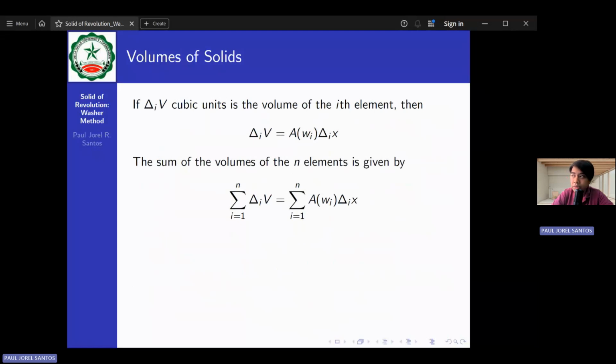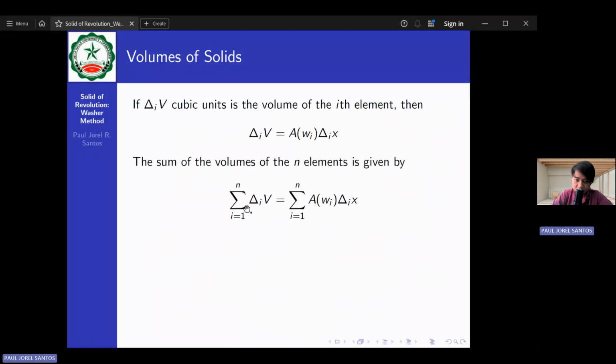Now, since we have the volume of the ith right cylinder, the element of volume, we just need to sum all these elements to approximate the volume of the solid.